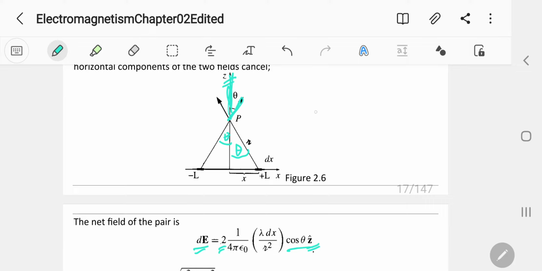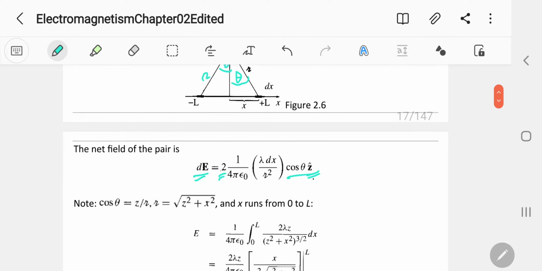So cosine theta is equal to x over scripted r. The magnitude of this is also scripted r here. So cosine theta would be x over scripted r.